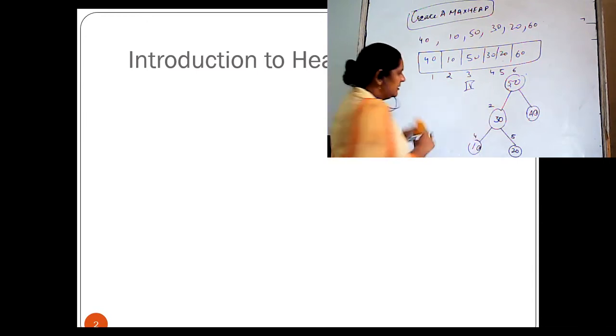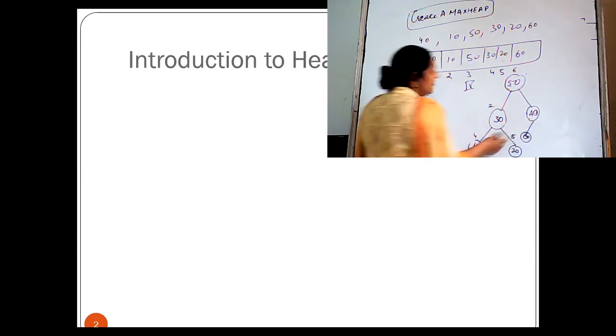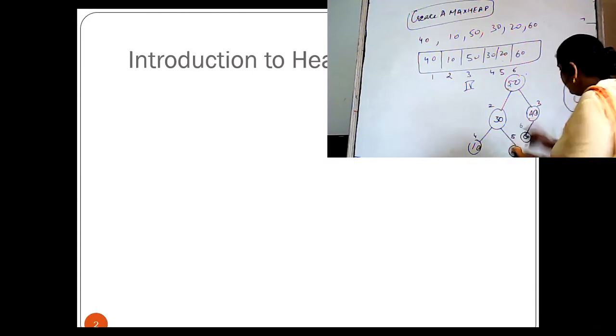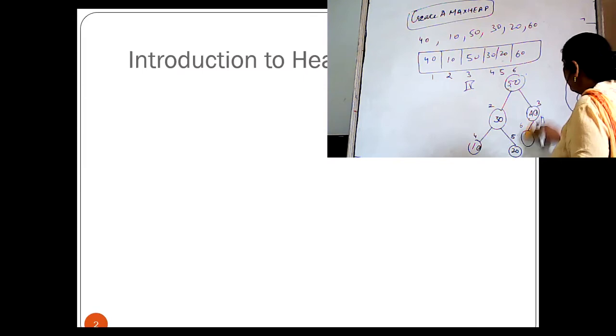Now 60. So 60 is here. It is the left child of node number 3. Now what we are supposed to do, since from the entire tree, this is only violating the max heap property. So swap 60 and 40.